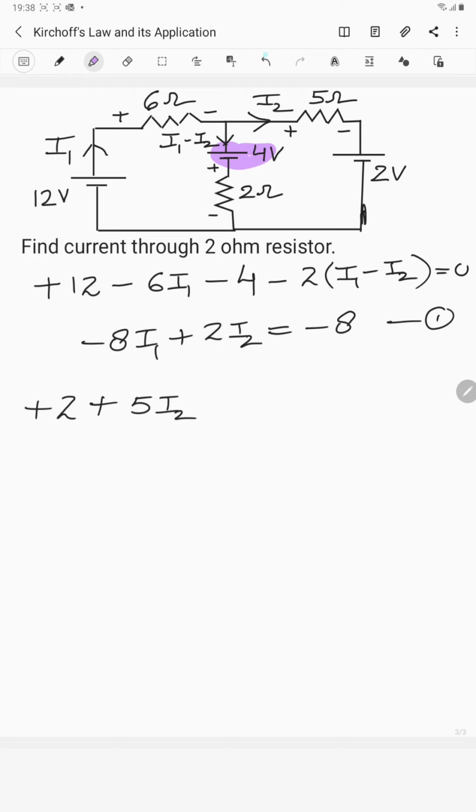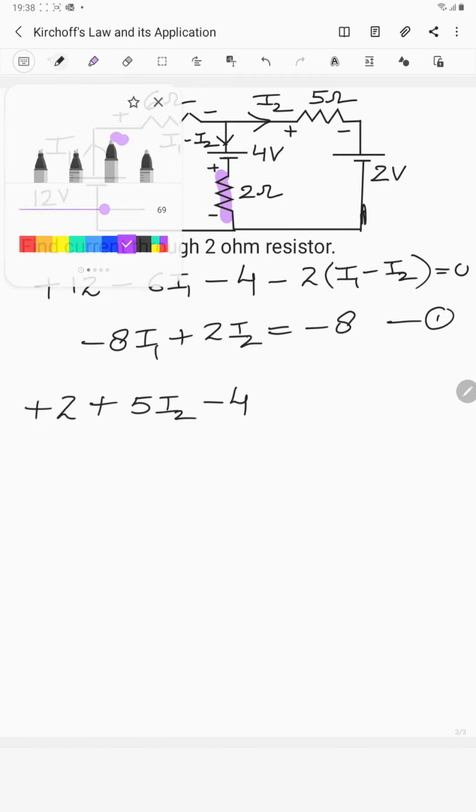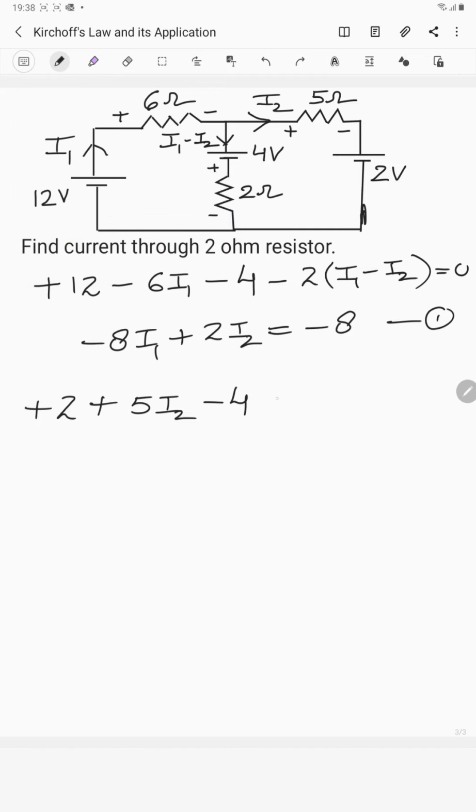For this 4 volt voltage source, we are moving from plus to minus side. That means the sign should be minus of 4. And the last one is this 2 ohm resistor. We are moving here from plus to minus side. So the sign should be minus and the voltage value should be 2 into (I1 minus I2).